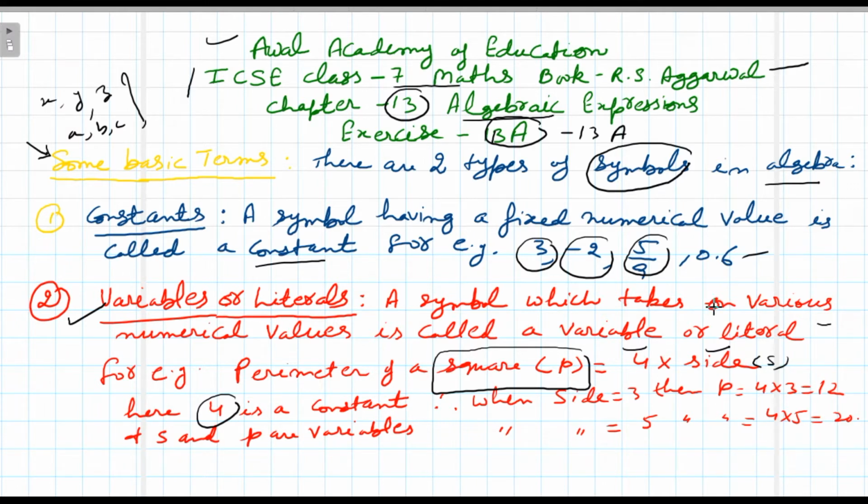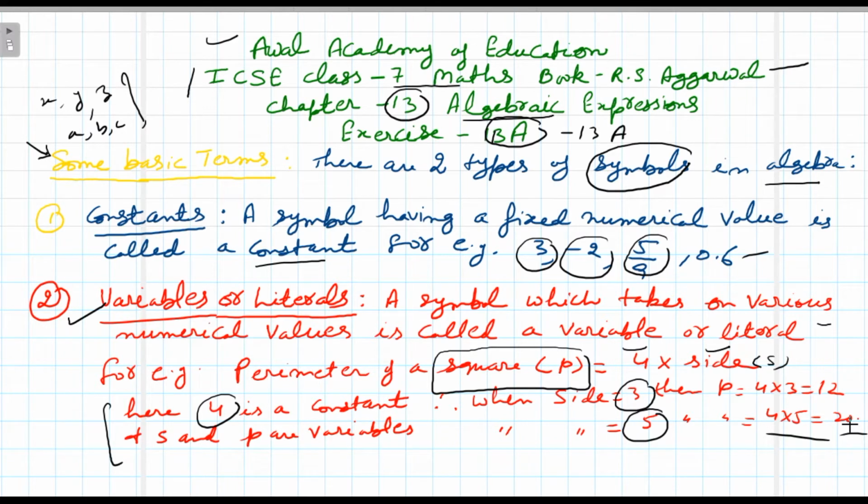This side S and perimeter symbol P are variables, right? So when we have side equal to 3 meter or centimeter, its perimeter will become 4 into 3, 12. In the same way, if we had side equal to 5 meter or centimeter, its perimeter would become 4 into 5, that is 20.